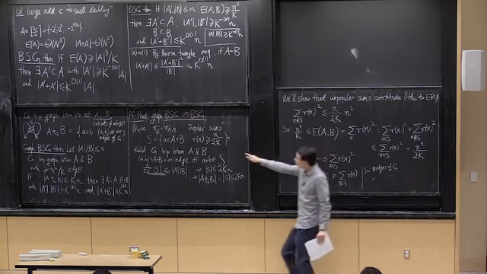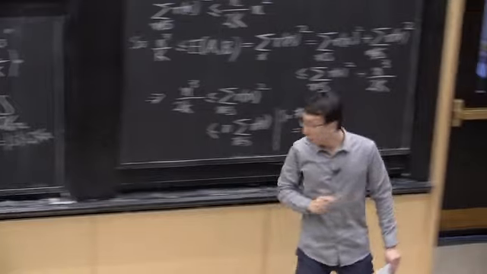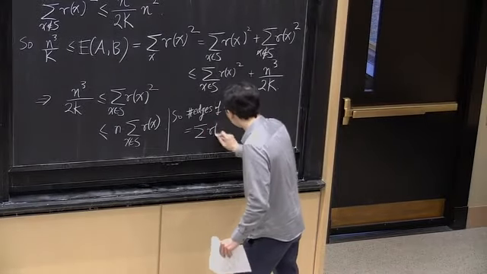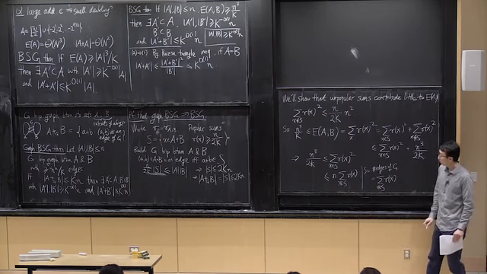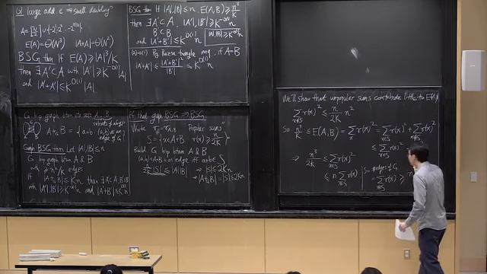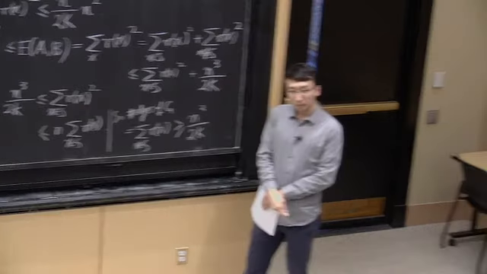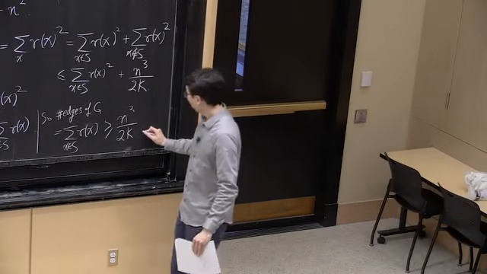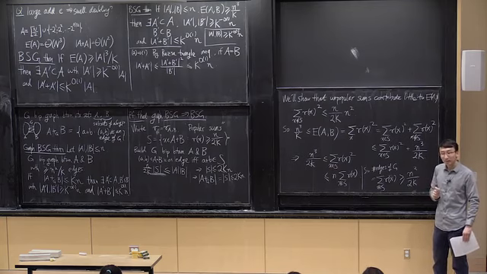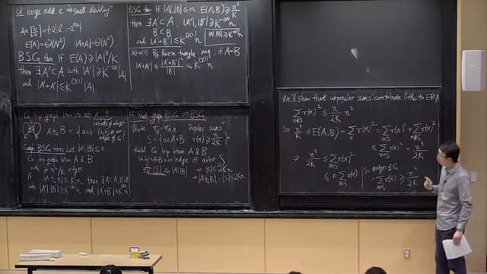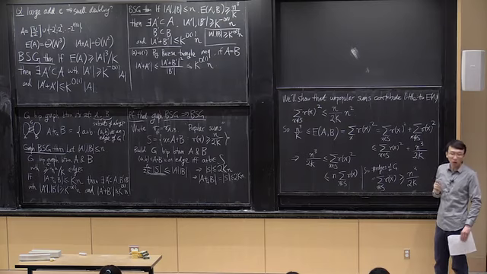Each x here contributes Rx many edges. So the number of edges of G is simply the sum of these Rx's, which is quite large. So the hypotheses of graph BSG are satisfied. And so we can use the conclusion of graph BSG, which is the conclusion that we're looking for in BSG.